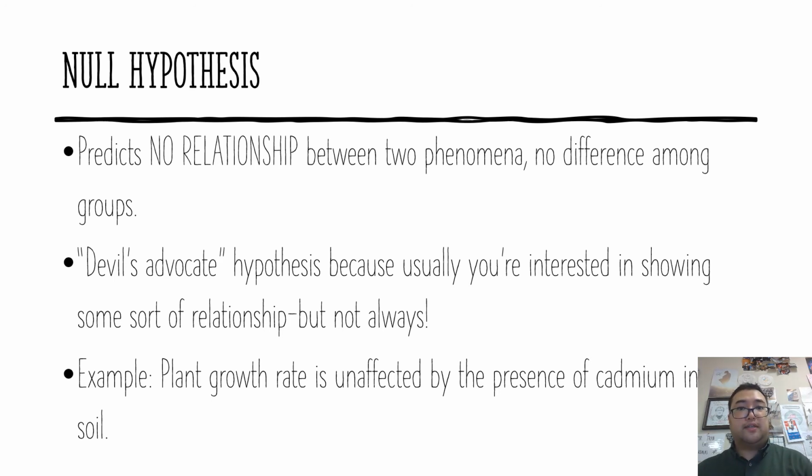And if there is, then we can go further into the experimentation and revise the hypothesis to say one way or the other. So our example, plant growth rate is unaffected by the presence of cadmium in the soil. So again, it says that plant growth is not related to cadmium in the soil at all.